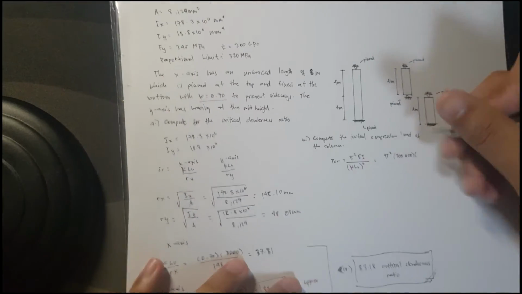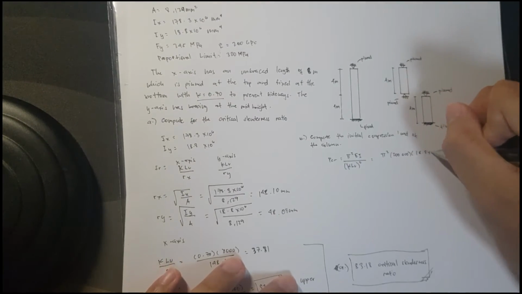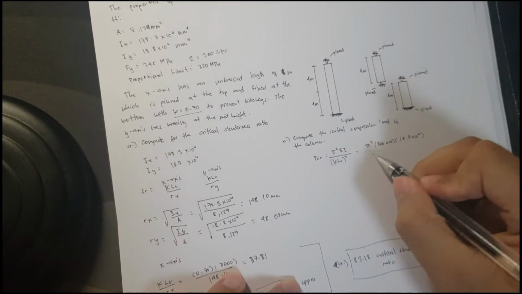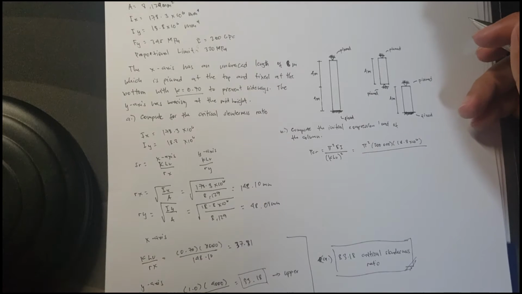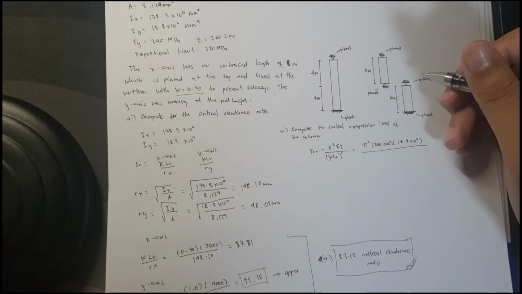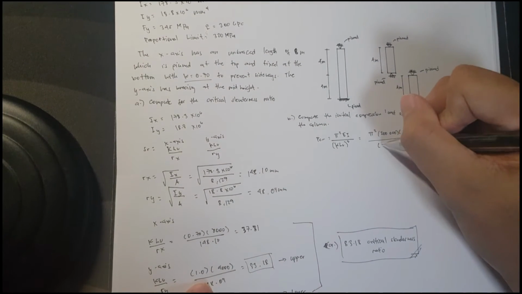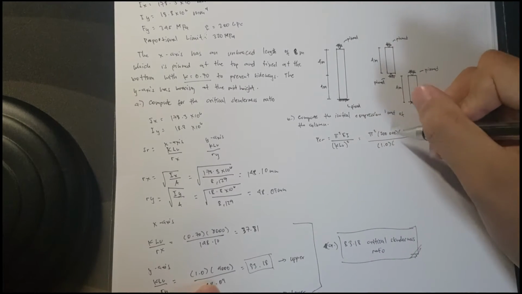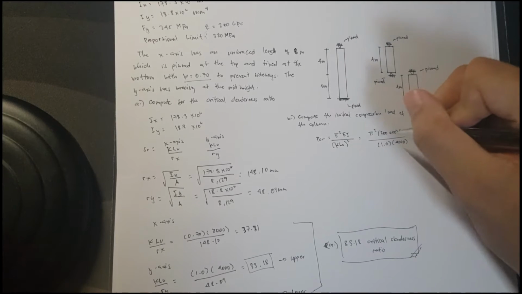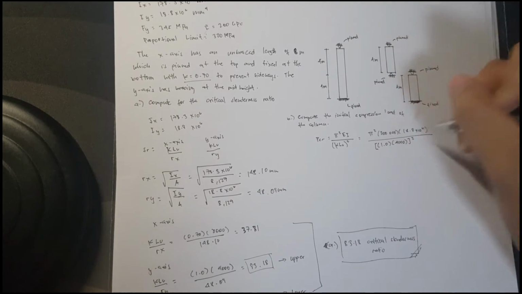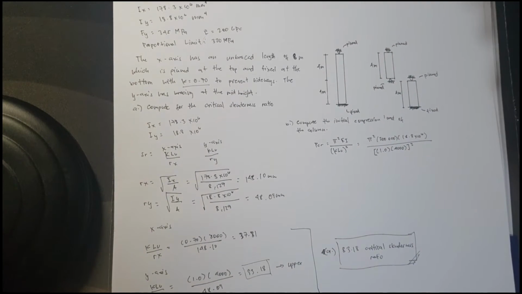Gamitin natin is 18.8 times 10 raised to 6 all over KLu natin. Ang KLu natin is 1.0 times 4,000 raised to 2. So compute na natin siya.